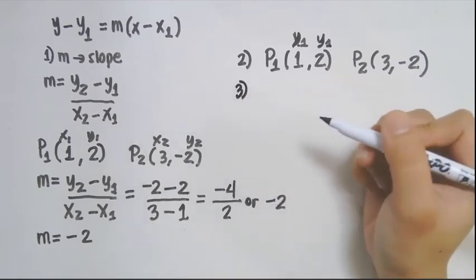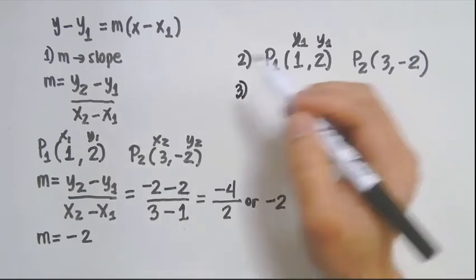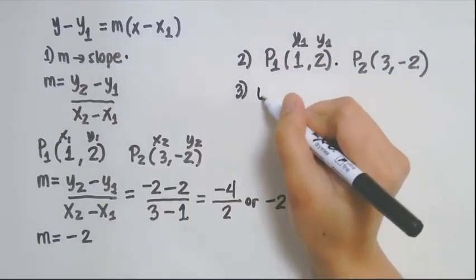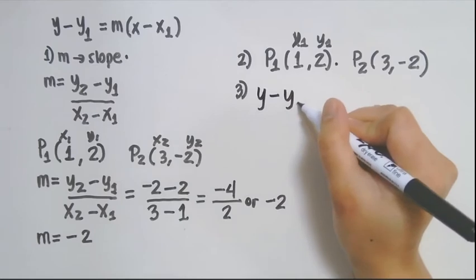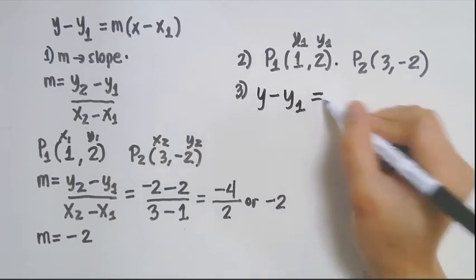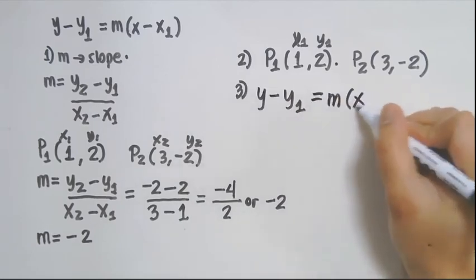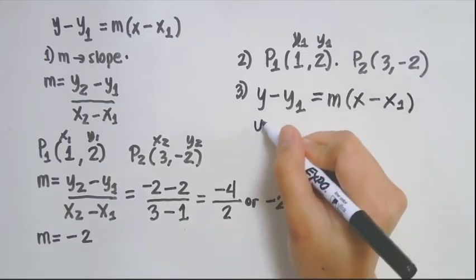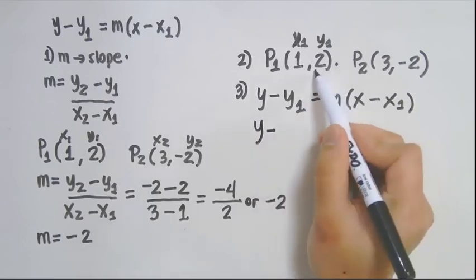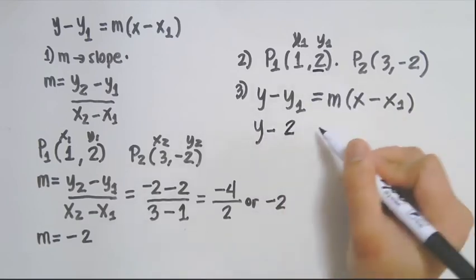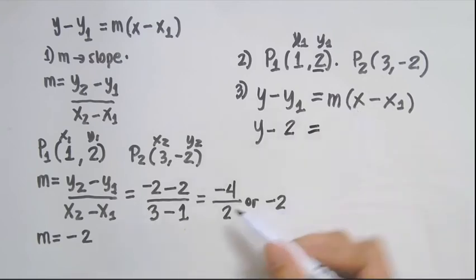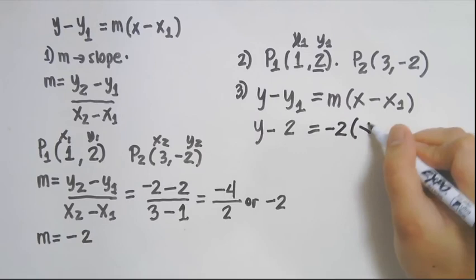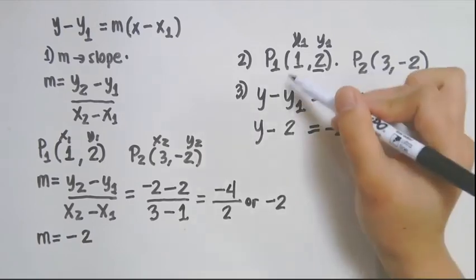Step 3, I will just substitute the values of my slope and my point into the point-slope form, which is y minus y1 is equal to m times x minus x1. We keep y minus your y1, which is 2, is equal to the value of your slope, -2, times x minus your x1, 1.